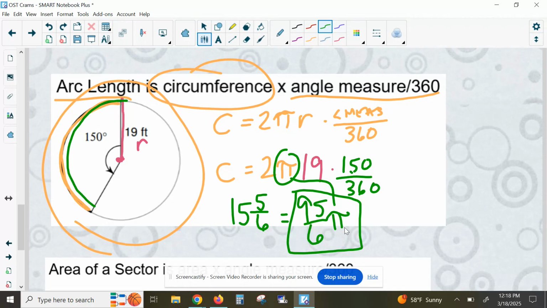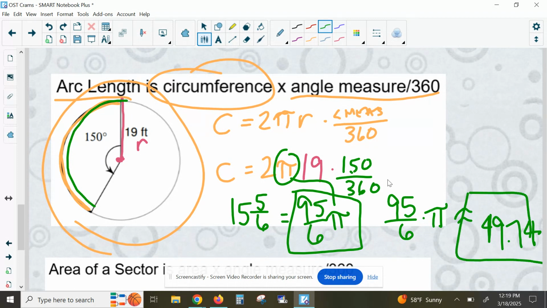Or sometimes they change it to a decimal by actually going ahead and putting all the numbers in. So if I were to put all of the numbers in and times this baby by pi, I'm going to get approximately 49.74. So you might see the answer as an exact like this, or you might see it as a decimal estimation.